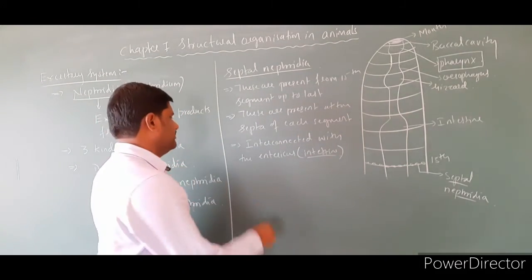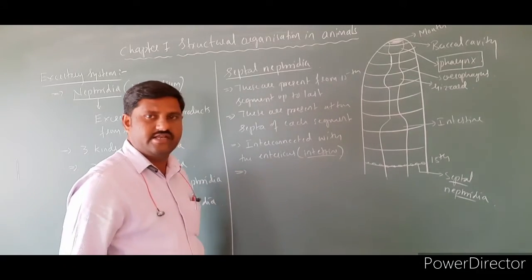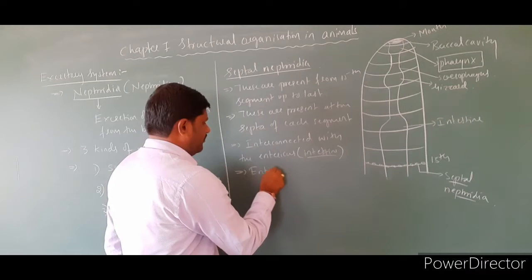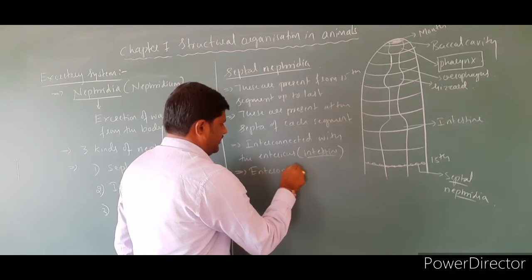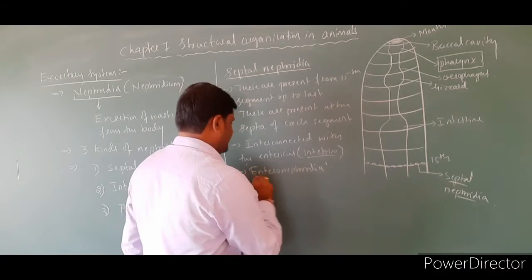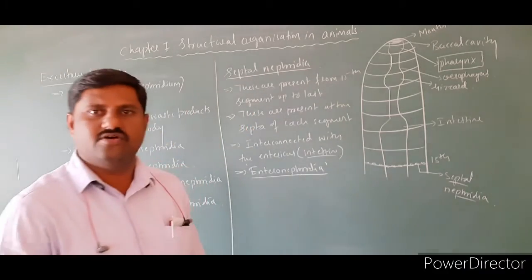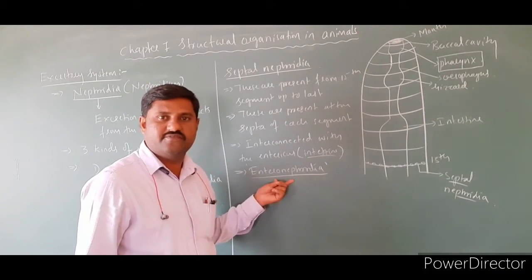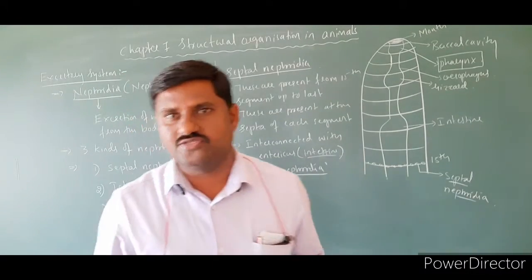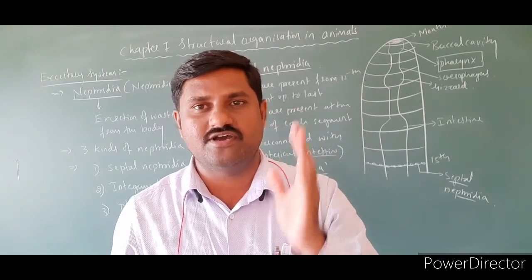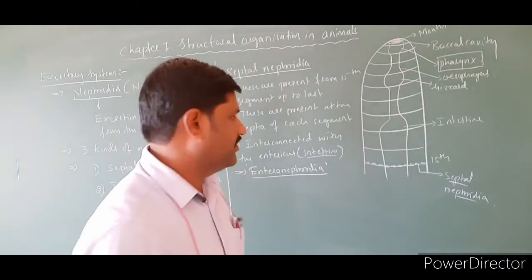It opens into the intestine internally. Hence these are called enteronephridia. They are commonly known as enteronephridia, right? So these are one kind of nephridia that we come across over here, which help in the excretion of the waste products from the body, right?